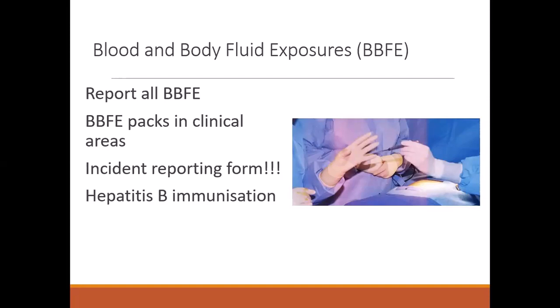Each area should have a designated supply of sterile saline, with which you irrigate your eyes or the affected area. Okay? So a standard precaution is required to prevent any blood and body fluid exposure.